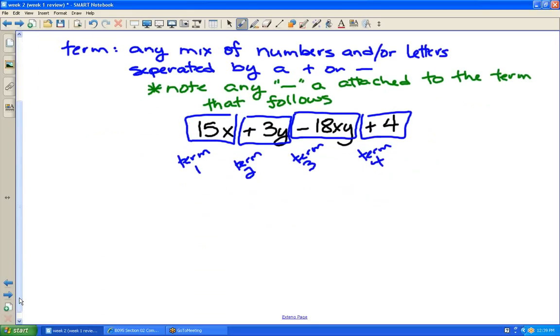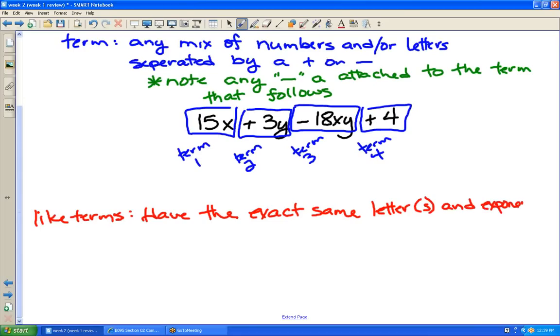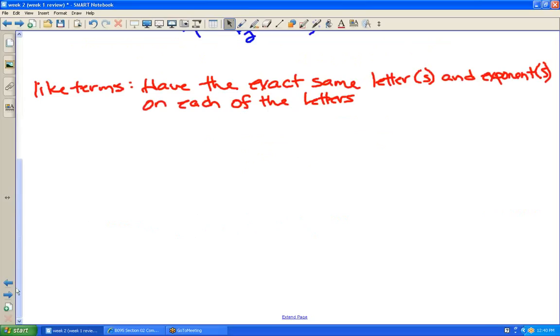Then we get specific about what a like term is, on each of the letters. So we will do an example of it.